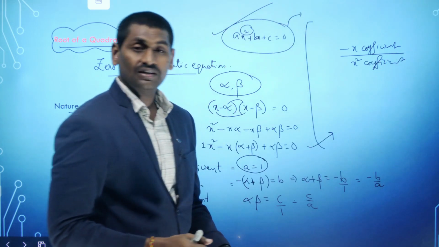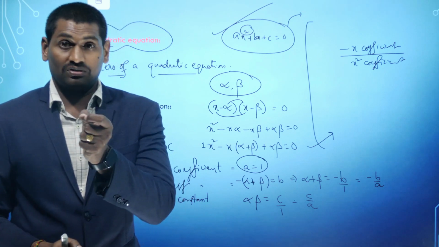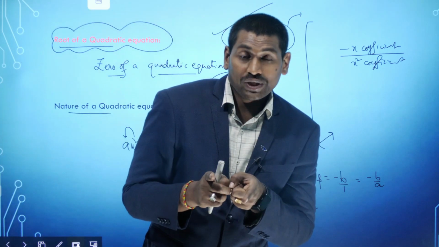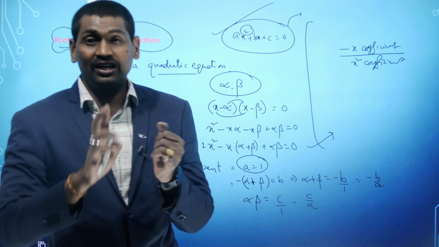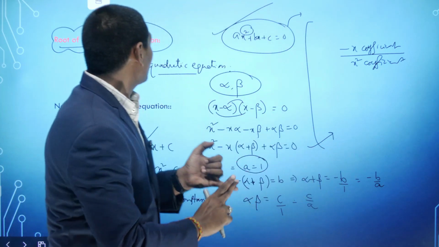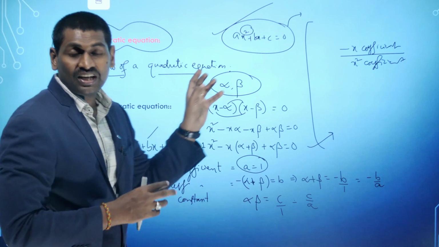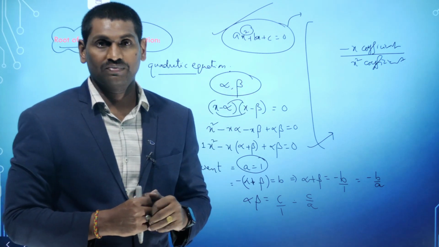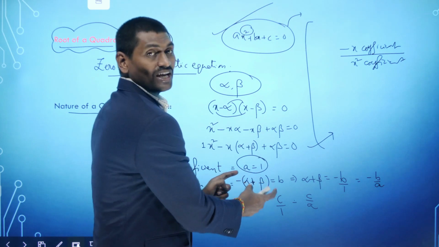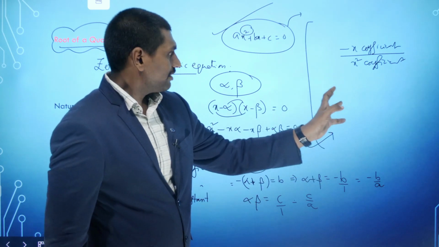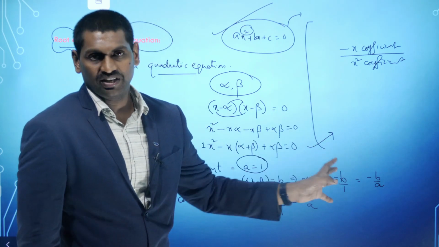Okay, sum of roots. I have told you that let us identify the relation between coefficients of a quadratic equation and the roots of a quadratic equation. I have taken the roots alpha, beta. When you add them, the sum of roots you are getting is minus x coefficient by x square coefficient, simply minus b by a.